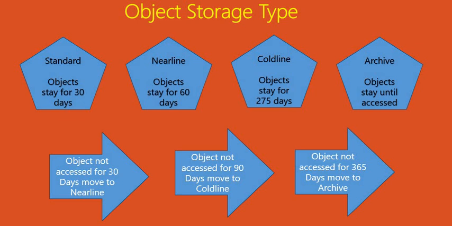And after 60 plus 30, after 90 days, if the object is not accessed, it automatically moves to coldline. And in coldline, the object stays for 275 days.